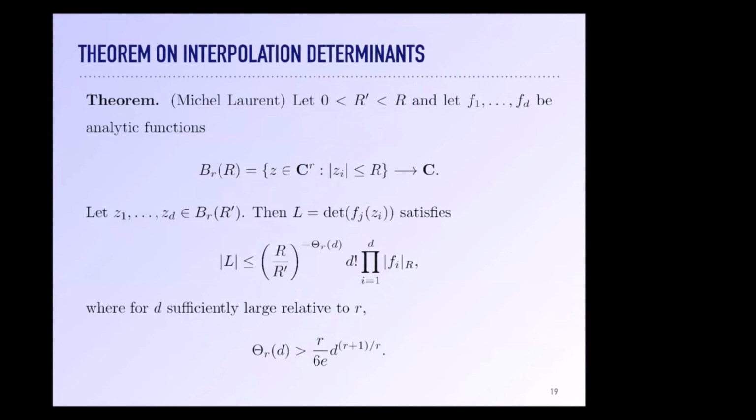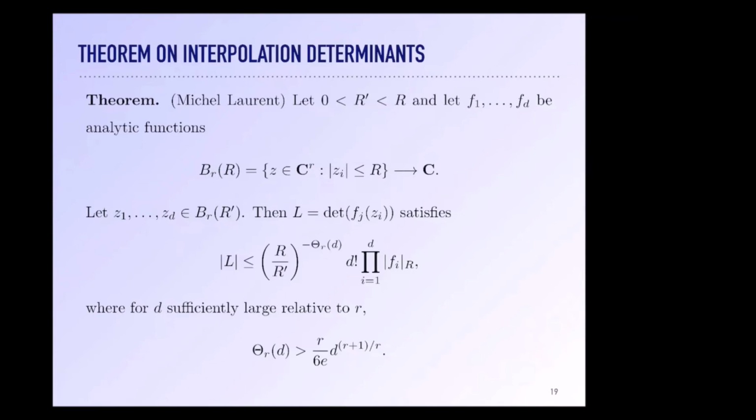But anyway, an interpolation determinant is the determinant of a matrix whose columns are indexed by analytic functions on C to the r, or at least on some disk in C to the r. Maybe this is called a polydisk. Is that the proper word for this? I'm bounding the size of each component, so it's like a box.